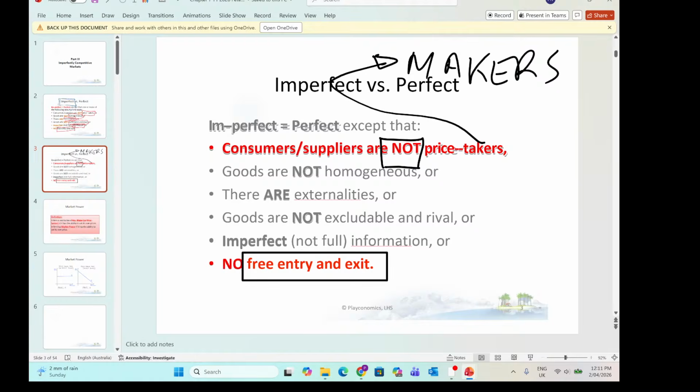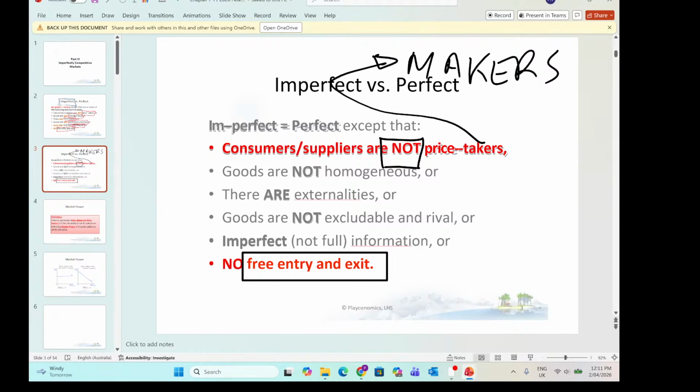In perfect competition, if firms are making a profit, other firms can see that profit and enter the market. That causes the price to fall, and that makes the economic profit be competed away. Eventually, that economic profit will not exist.